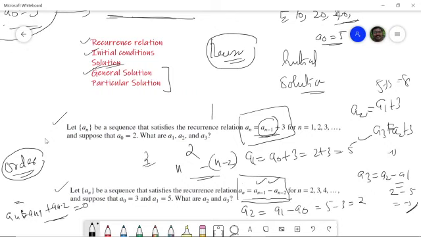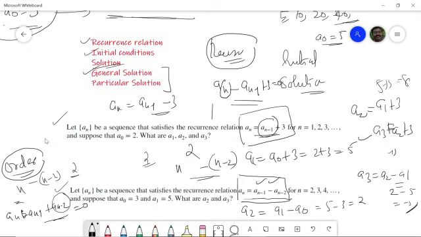The largest index is n, the smallest is n minus 2. Just take the difference, and that gives you the order of the relation. Similarly, in the problem a_n is equal to a_(n-1) minus 3, if I write it with an equality symbol, it will be a_n minus a_(n-1) plus 3 is equal to 0. Suppose the relation is given like this, like a formula, and you have to find the order. You just take the largest index, which is n, minus the smallest index, which is n minus 1.